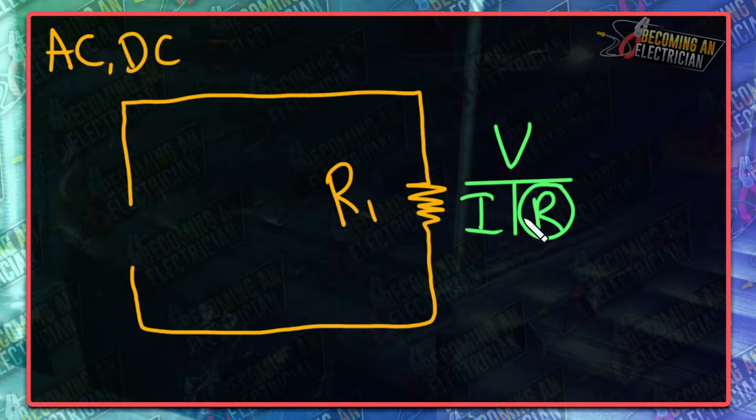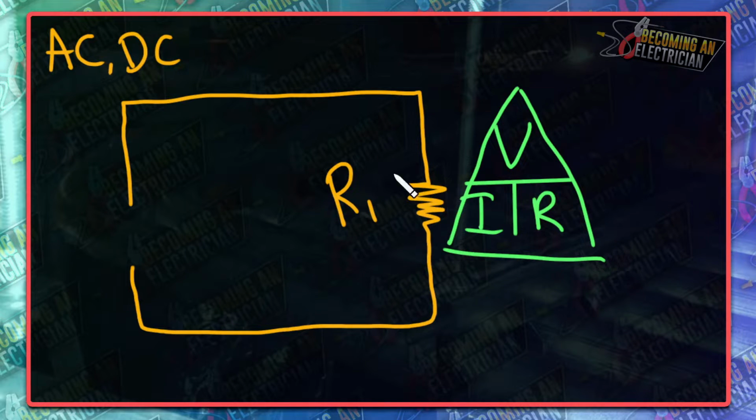If you want to find resistance, imagine this isn't here. Voltage divided by current gives you resistance. If you want to find voltage, imagine this isn't here. Essentially, current times resistance gives you voltage. This is called Ohm's law, and when we have a purely resistive circuit, it fully applies.